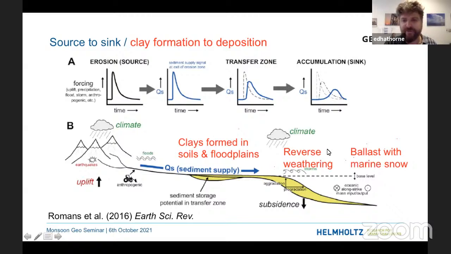On the shelf, we can have reverse weathering, which is where we can make secondary clays as well. And then these particles are so fine that they can be transported a very long way in ocean currents. So basically, we need some mechanism to deposit these, and that will be as ballast in marine snow. So I'll show you that it is related to productivity probably.